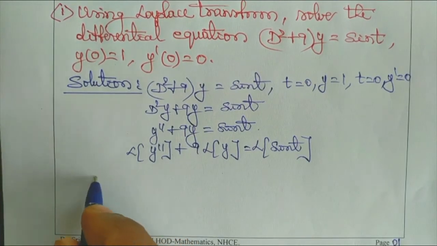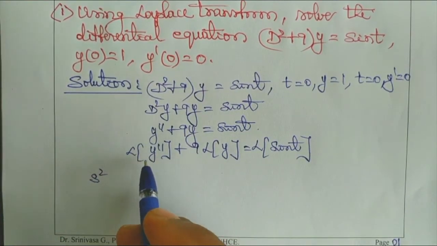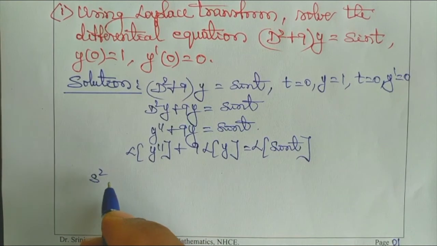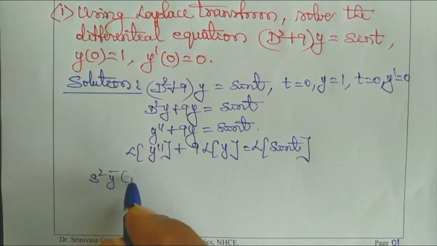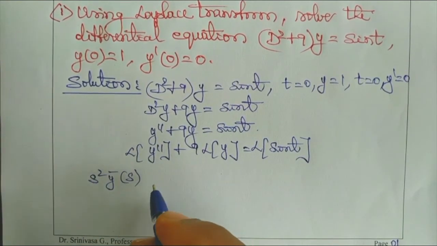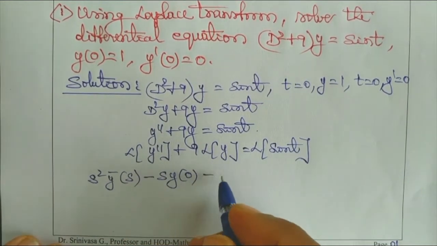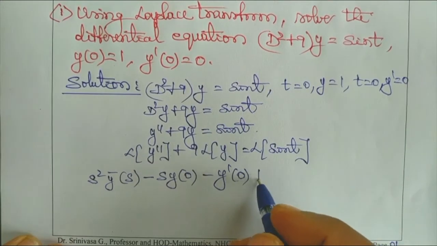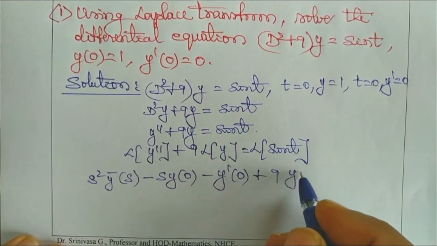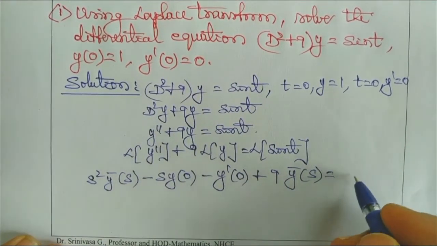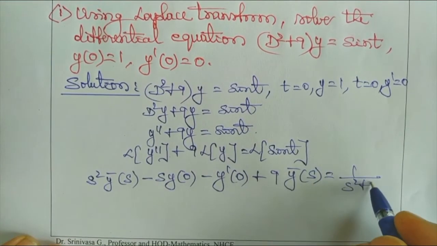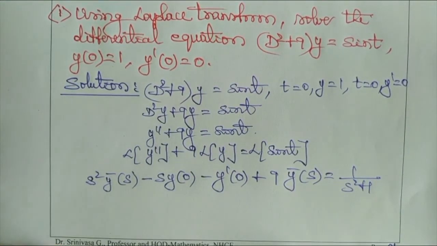Now this can be written as, according to this, s square, Laplace of y double dash of t means nothing but s square into y bar of s minus s into y of 0 minus y dash of 0, plus 9 into y bar of s is equal to 1 divided by s square plus 1. This is okay.